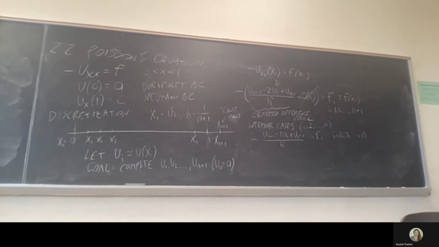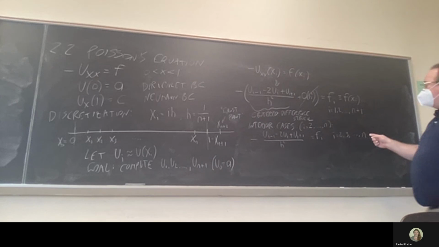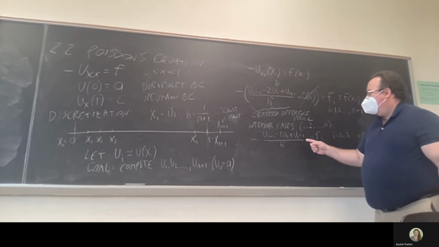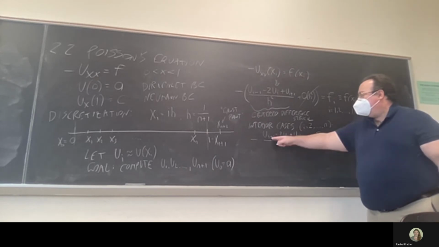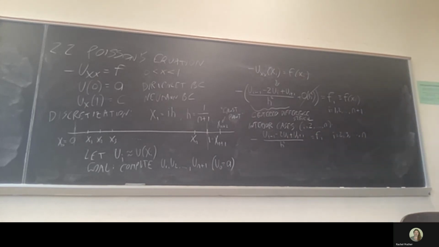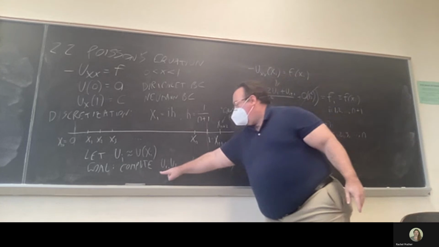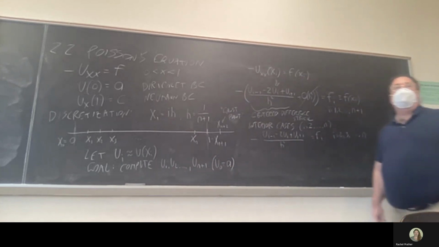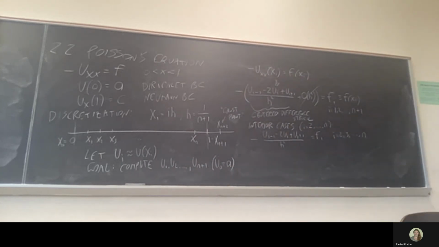Now, what points am I referencing? u_{i-1} and u_{i+1}. But all of those points are among our unknowns, u_1 up to u_{n+1}. So those equations are perfectly fine just the way they are, because they do not involve any boundary points.